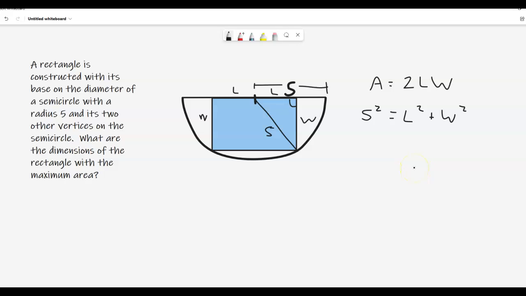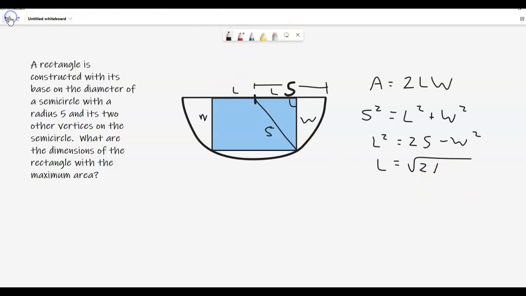And then in this case, I'm going to go ahead and solve for length and then substitute it back in there. So L squared is going to end up equaling 25 minus W squared. And that means L is going to be equal to the square root of 25 minus W squared.